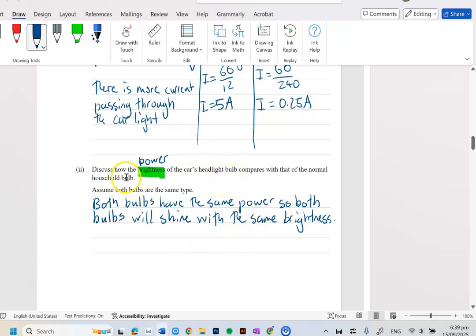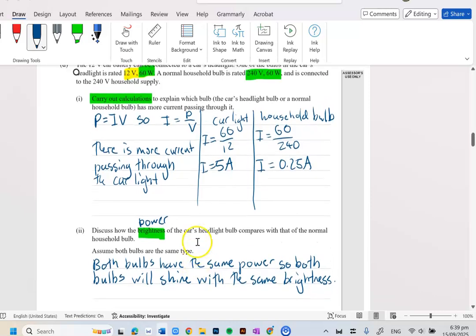You could also talk about brightness depending on the voltage and current, and the product of the voltage and current is the same. Okay?